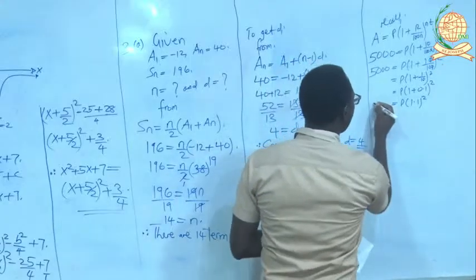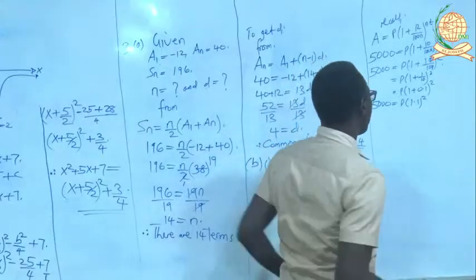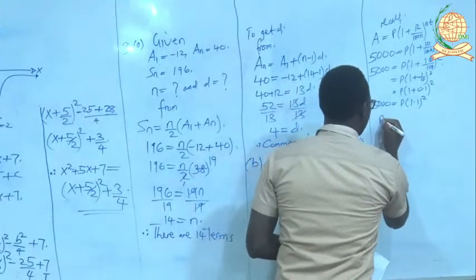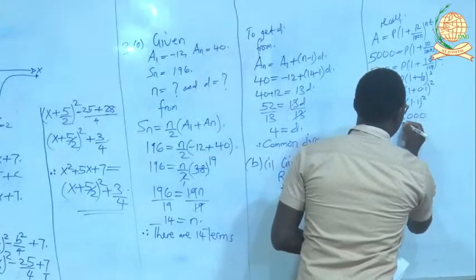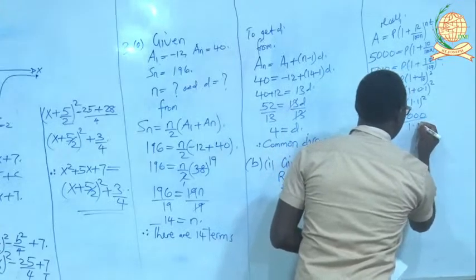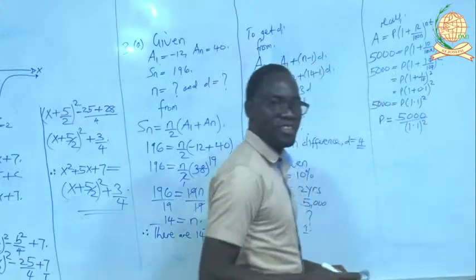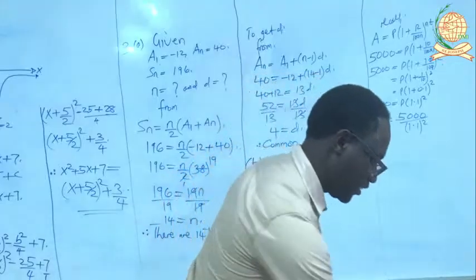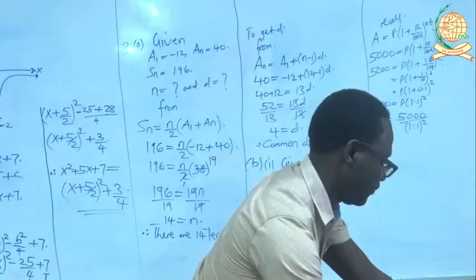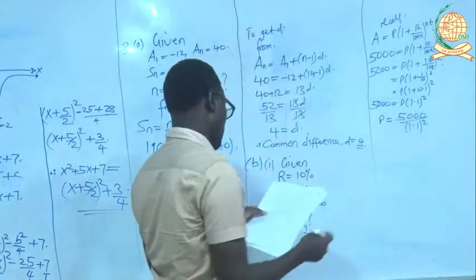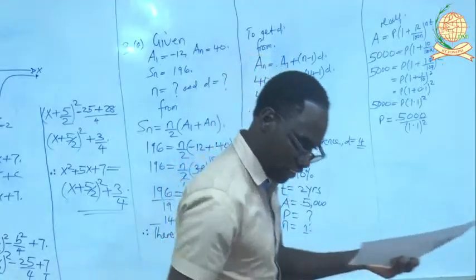Now, to get the value of P, divide by this. So P will be given by taking 5,000 divided by 1.1, then squared. Now, hope you have your calculator.